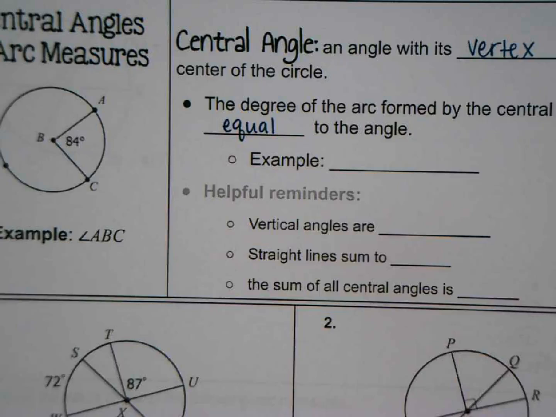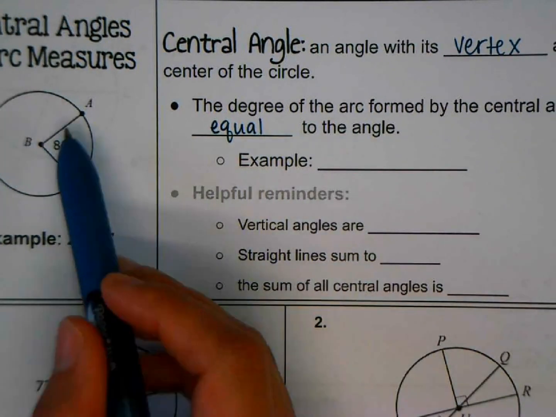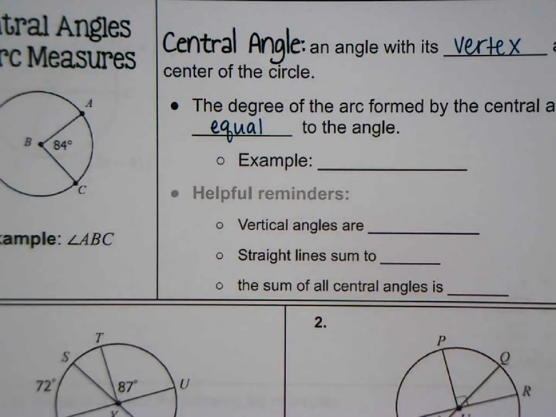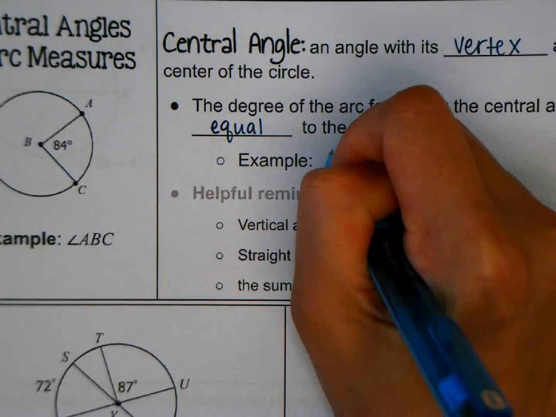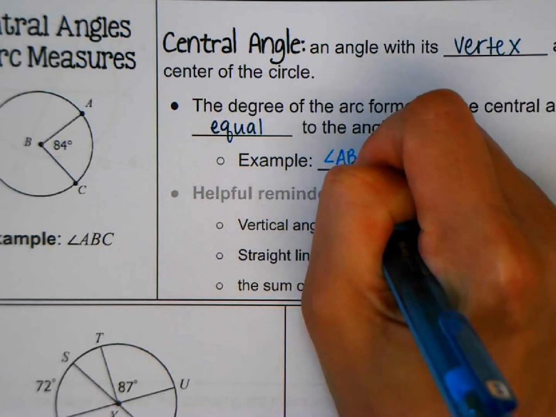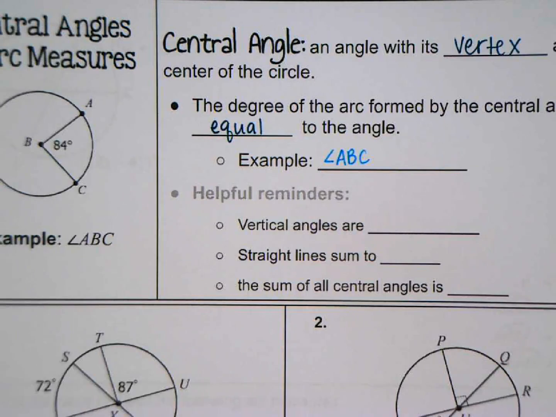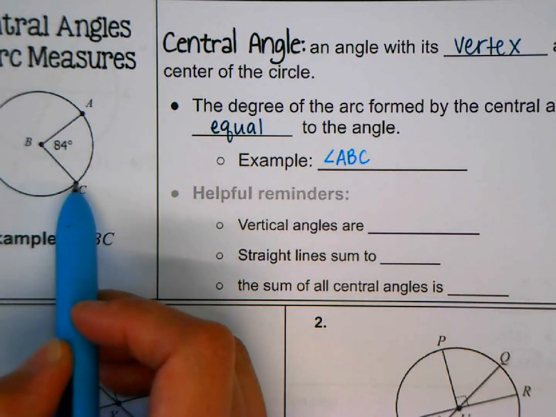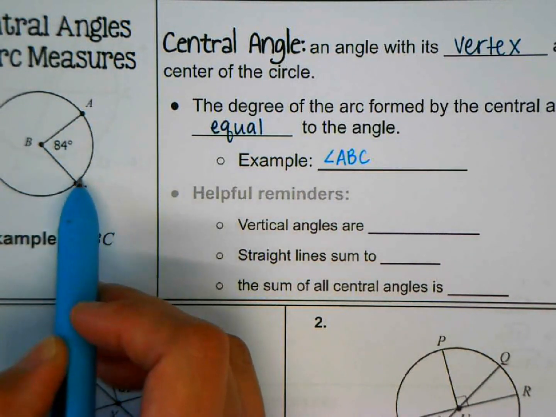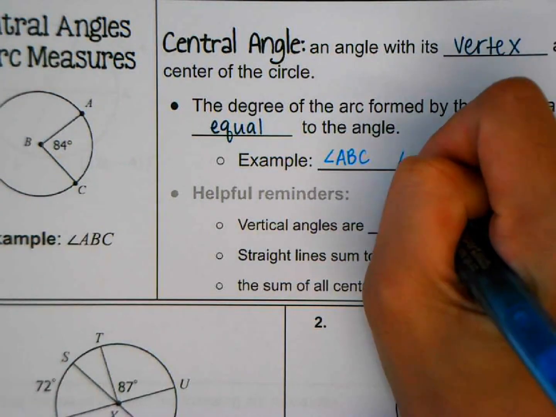So for example, over here off to the side, we have angle ABC. Angle ABC opens up to arc AC.